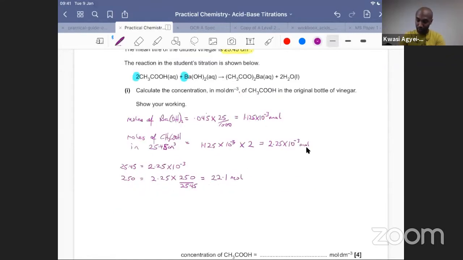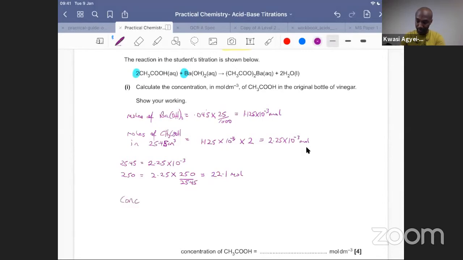So the concentration of undiluted vinegar is going to be the number of moles, 22.1. Now it is 22.1 because when you take the vinegar from the original bottle and then dilute it, you don't change the number of moles of your ethanoic acid present. All you're doing is adding a little water to change the concentration, but not the moles.